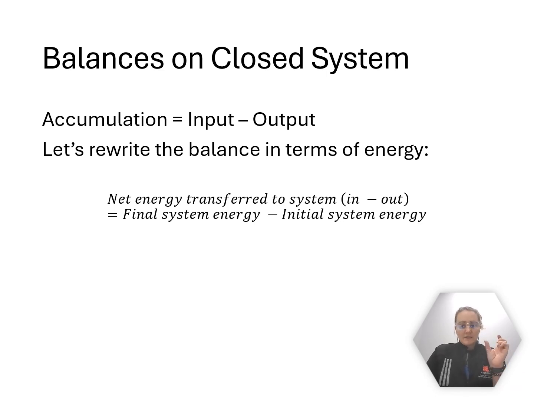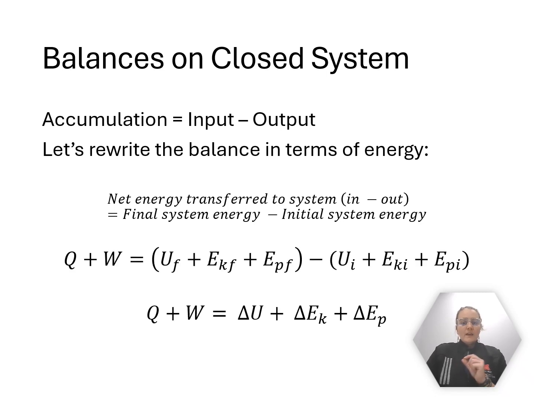If we put that in terms of the different terms that we know are present in the closed energy balance, what we find is that the net energy transfer to the system is the heat term plus the work term. So heat and work can transfer across the boundary as terms of energy. So the net energy transfer is related to energy that moves in and out. So that means that's Q and it's W.